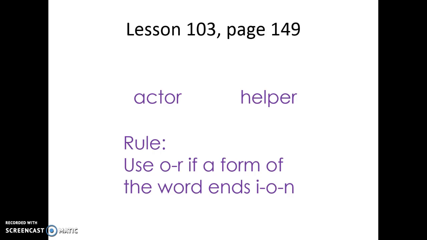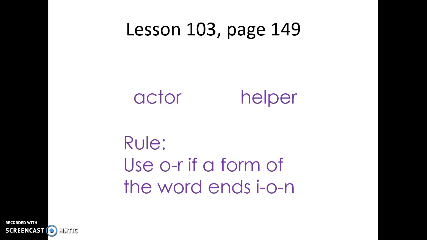Let's check what you have. Fact, you should have faction and factor, F-A-C-T-O-R. Designer, D-E-S-I-G-N-E-R. Number 3, you should have invent, invention, inventor, I-N-V-E-N-T-O-R.